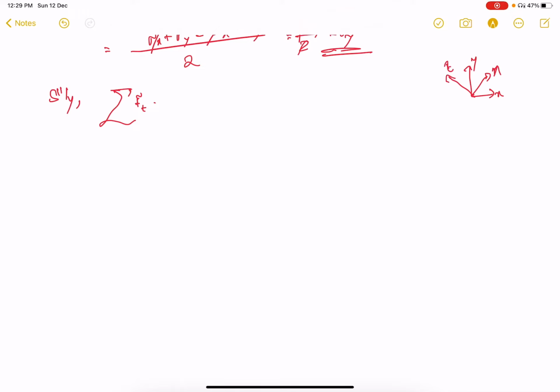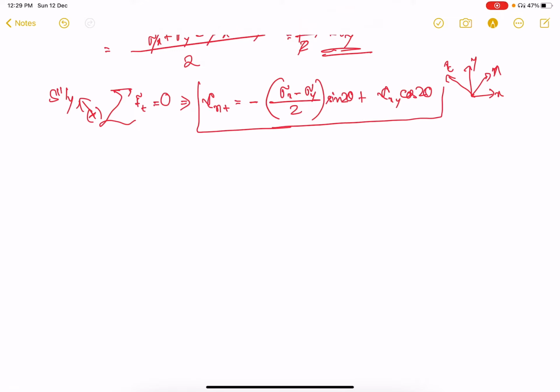If we take all the forces, summation of F along this direction positive, then we will get tau nt, shear stress along the inclined plane, sigma x minus sigma y by 2, angle is changing, so this is another stress, shear stress acting on the plane.